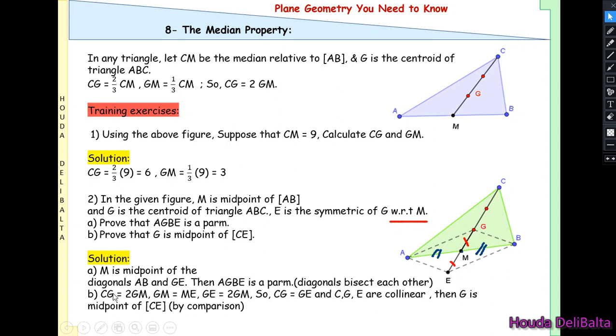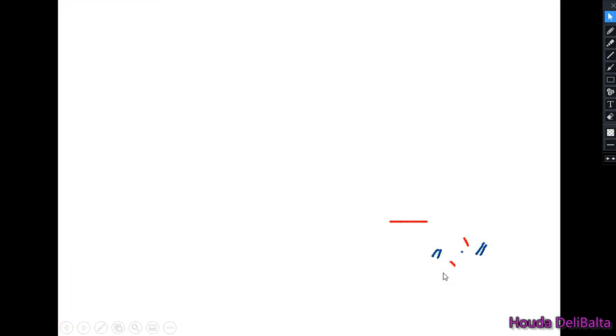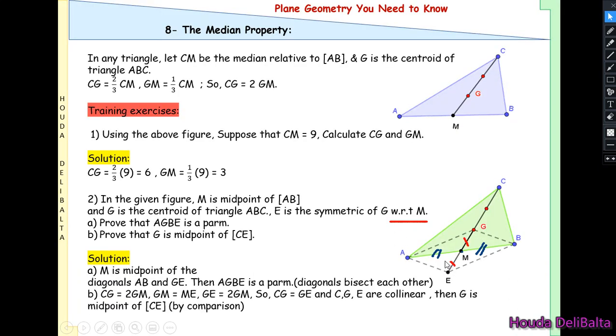Let's start. CG equals double GM using the property of the median. GM equals ME. So GE equals double GM.